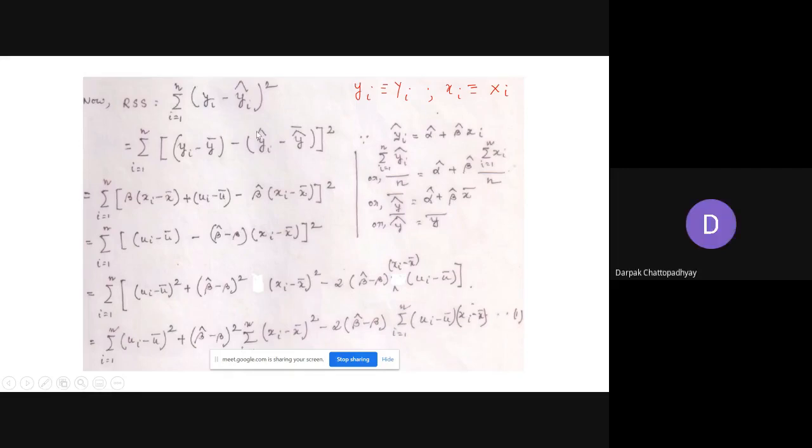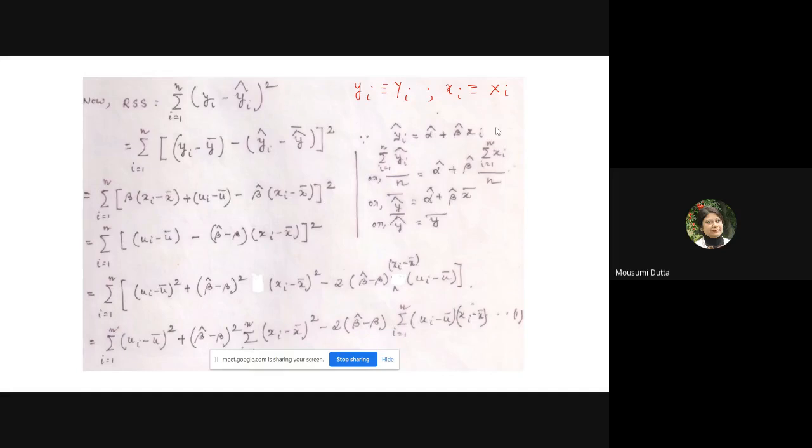If I take the difference of y hat bar from yi hat, in the yi hat term there is no ui. When I am considering the estimated value, the observed value consists of the random error term, while the estimated does not have the random error term in it.